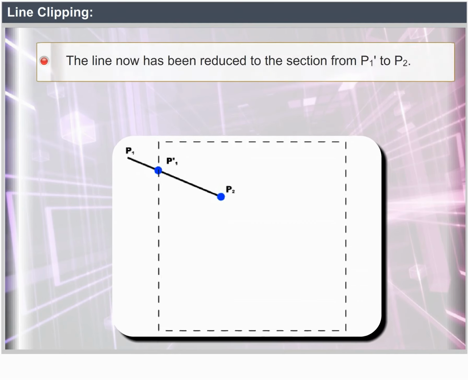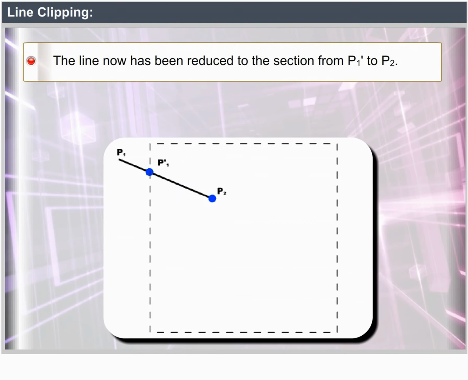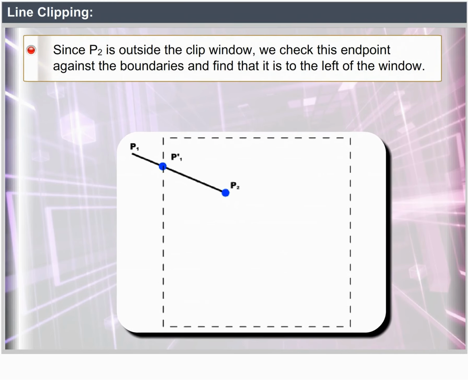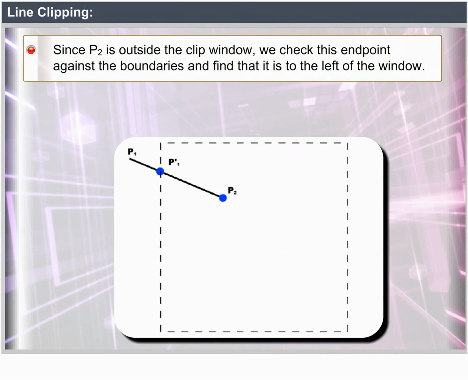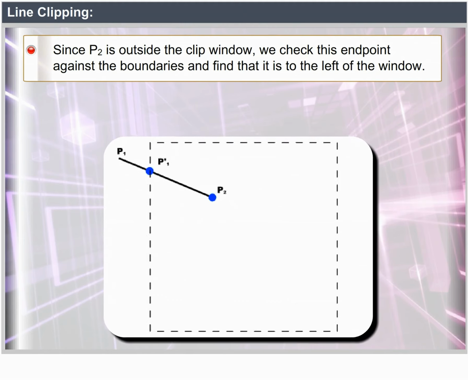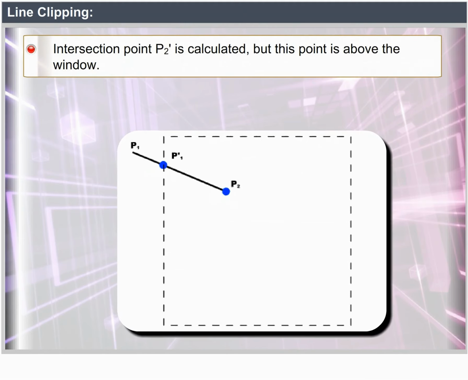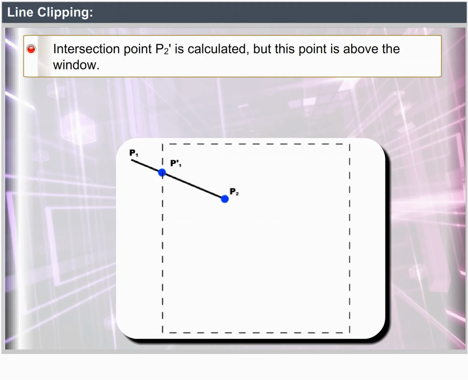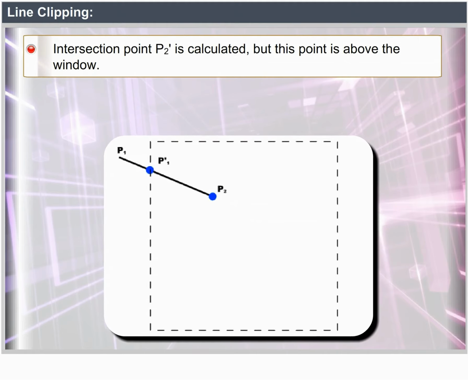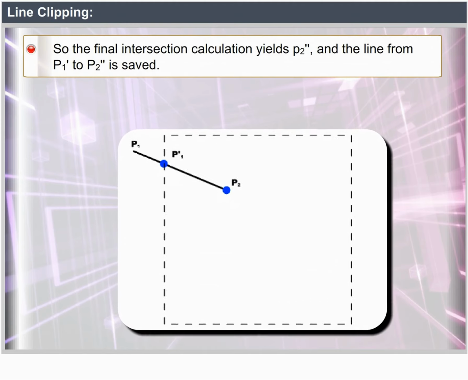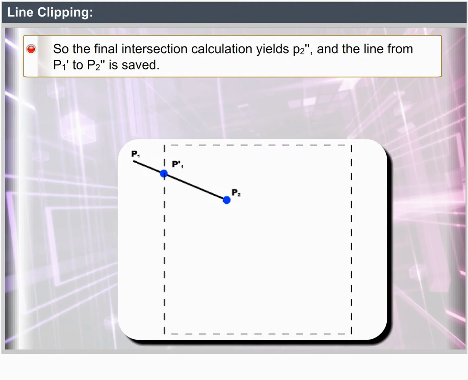The line has now been reduced to the section P1' to P2. Since P2 is outside the clip window, we check this endpoint against the boundaries and find that it is to the left of the window. Intersection point P2' is calculated, but this point is above the window. So the final intersection calculation yields P2'', and the line from P1' to P2'' is saved.